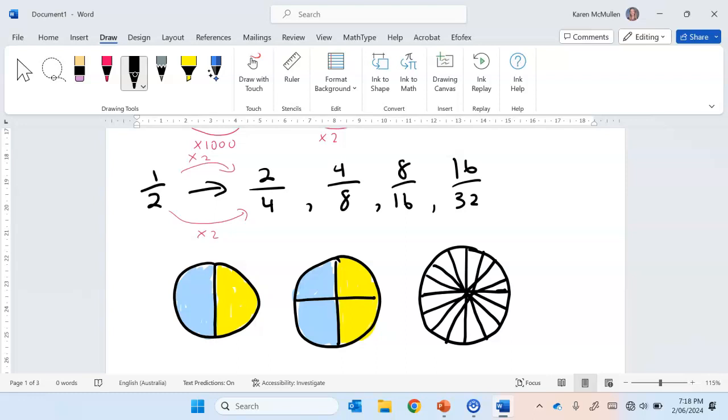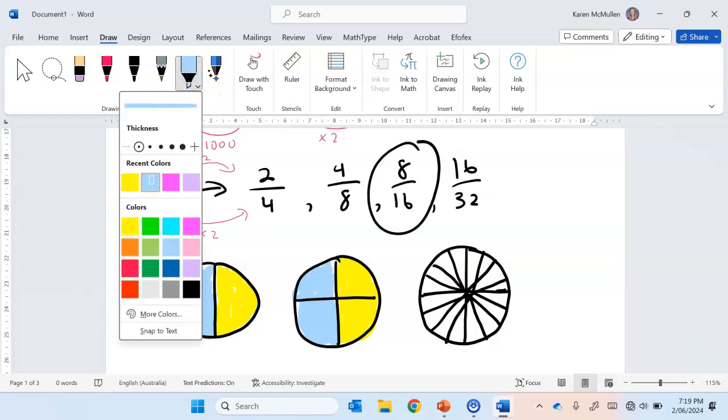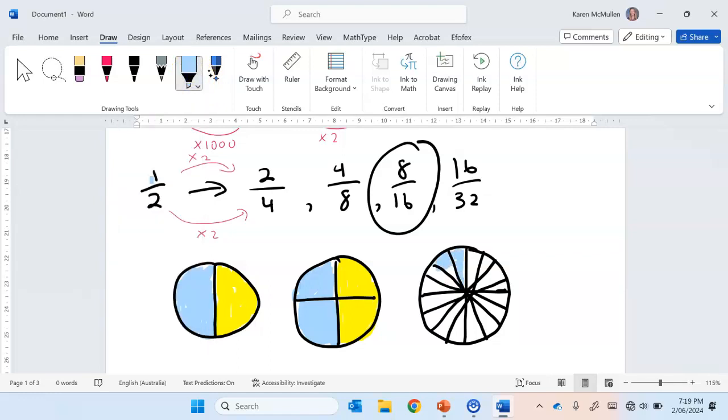So there's your 16 pieces. So we're looking at this fraction here. All right, so we've got 1, 2, I'm not drawing them around the right way. Can we kind of clear that? Let's draw them the right way. All right, so there's 1, 2, 3, 4, 5, 6, 7, 8.